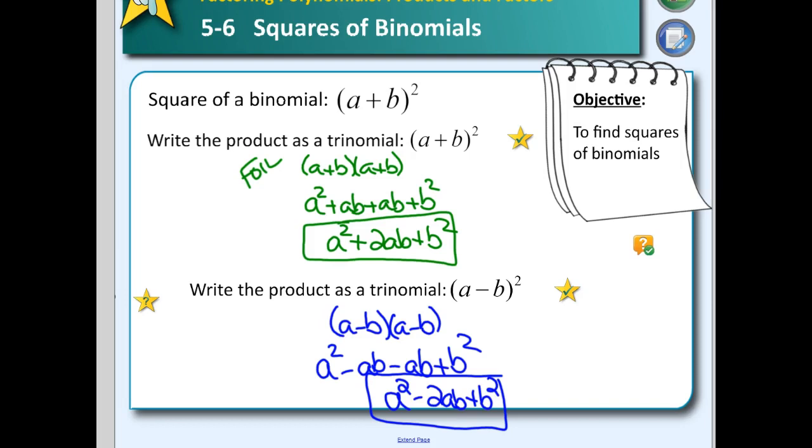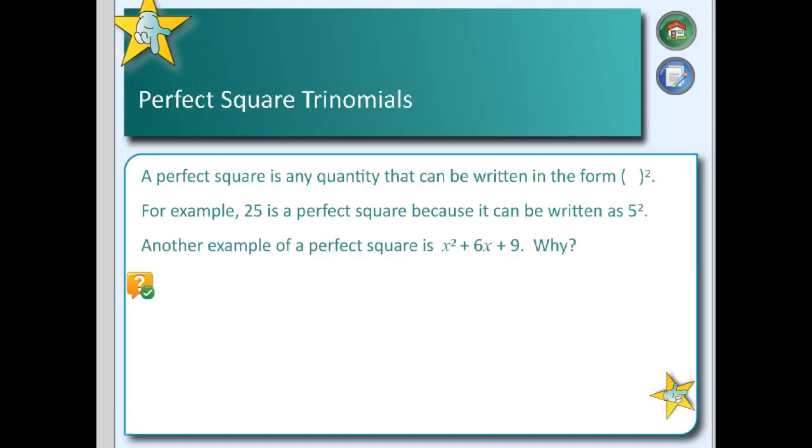Now, let's see what this means for you and me. First of all, how do we know we have a perfect square binomial? Well, here's what it says. A perfect square is any quantity that can be written in the form (parentheses) squared. For example, 25 is a perfect square because it can be written as 5 squared. Here's another example.